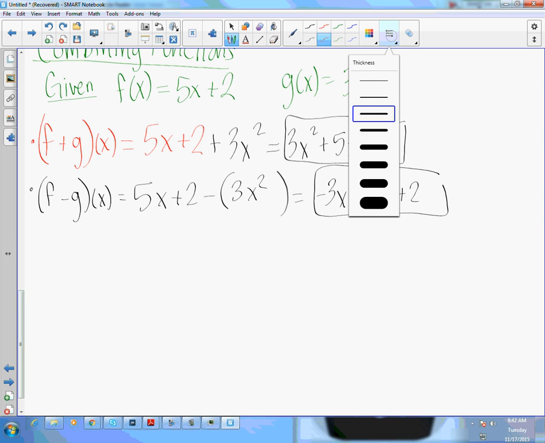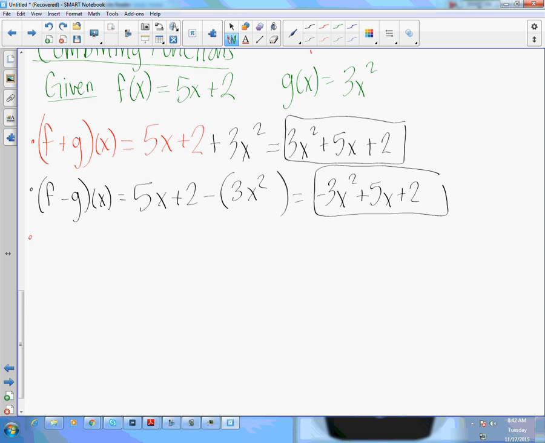I'd like you to do the reverse of that. Now do g minus f. G minus f of x. You should have a minus when you subtract everything that's in that second function.